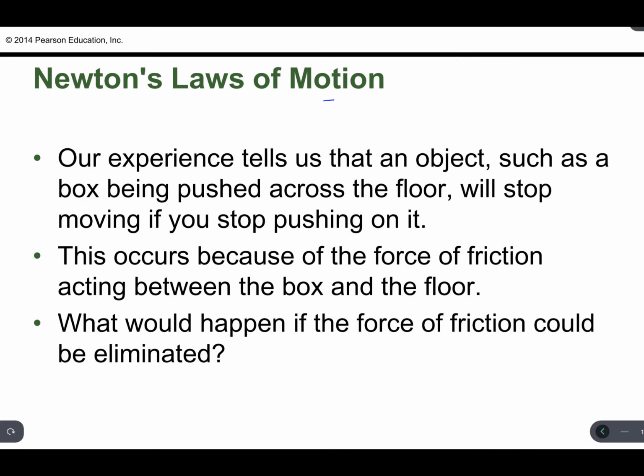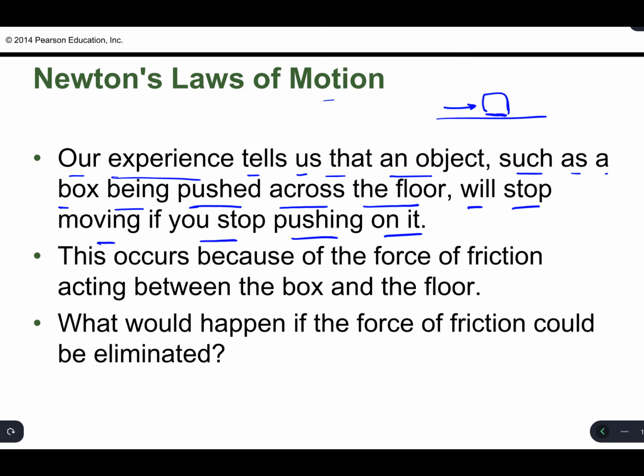Newton's laws of motion, we are still with the first law. Our experience tells us that an object such as a box being pushed across the floor will stop. Right? If you push something on a floor, after a while it will stop moving if you stop pushing on it.